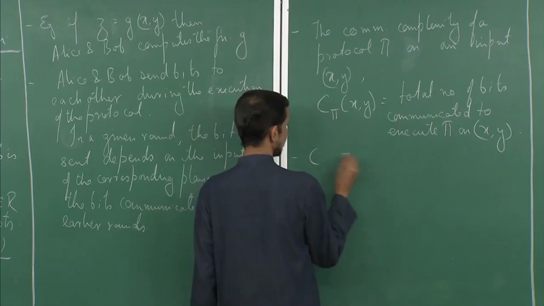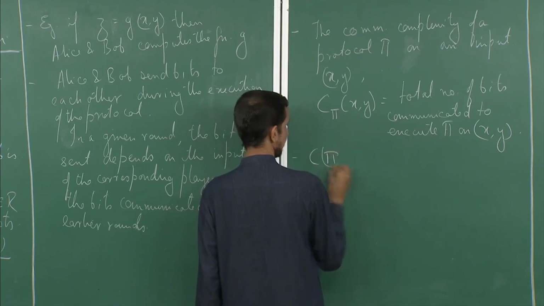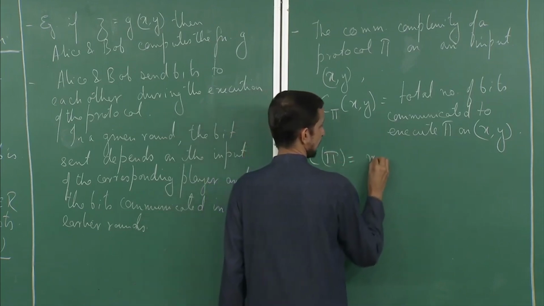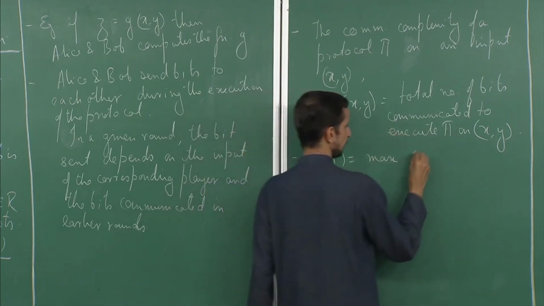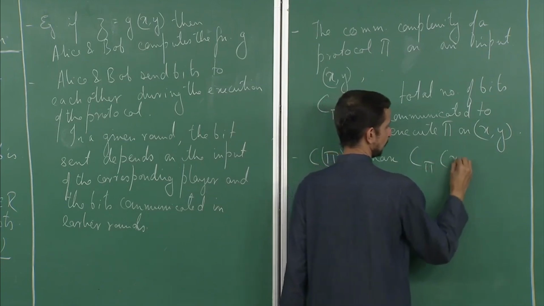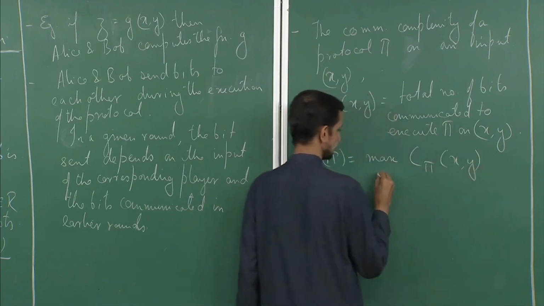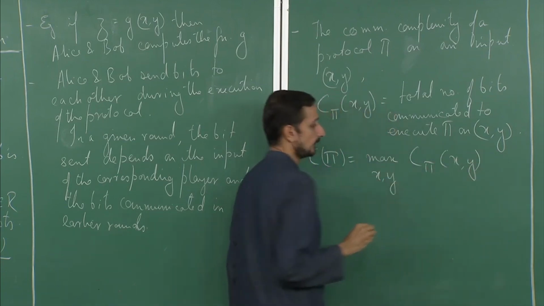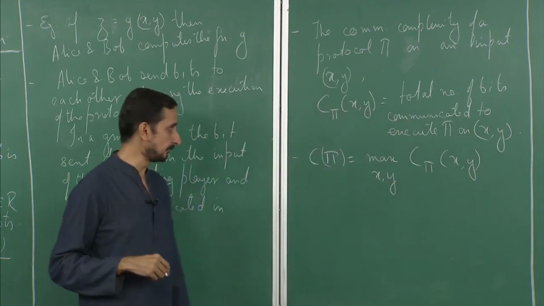The communication complexity of a protocol pi, okay, so we define C of pi as the maximum communication complexity over all pairs of inputs. Okay, this is the standard way.